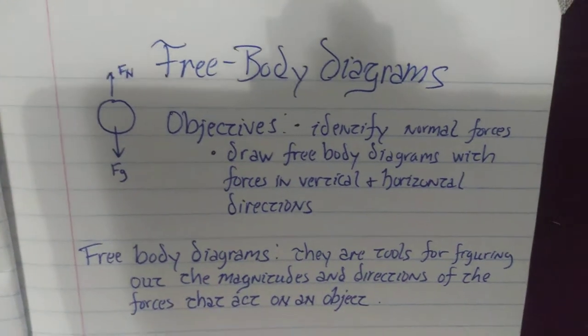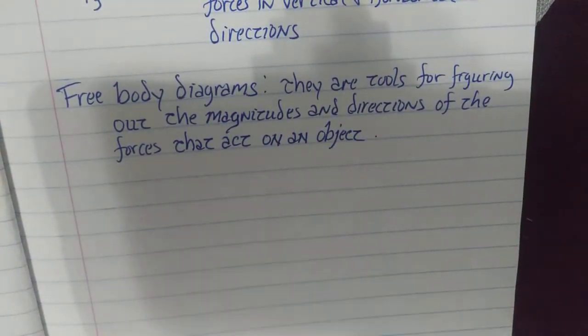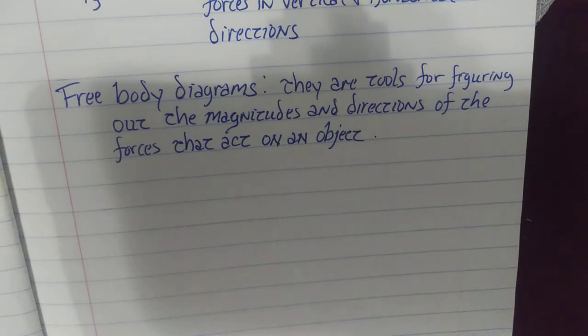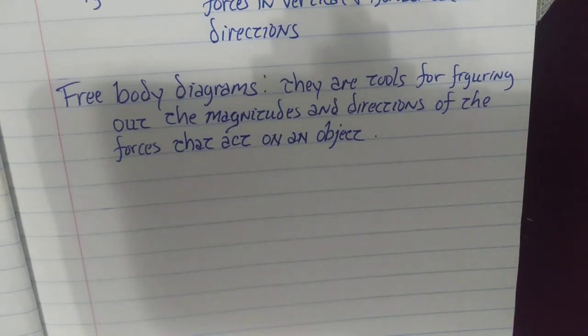So that's the whole purpose, right? We're going to look at objects. This could be a car, it could be a house, it could be a building. Almost anything that an engineer designs, he has to come up with a free body diagram showing the forces on the objects.